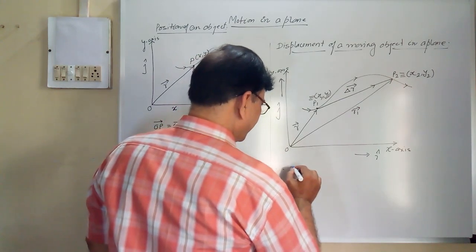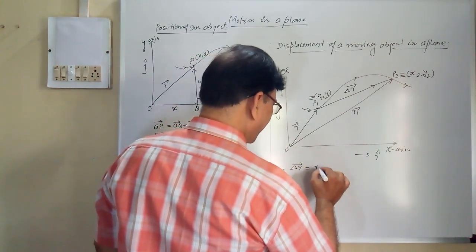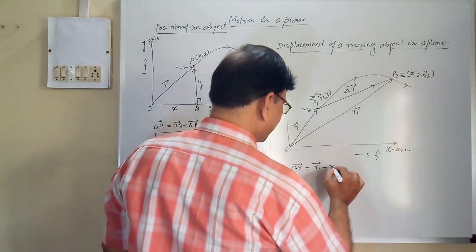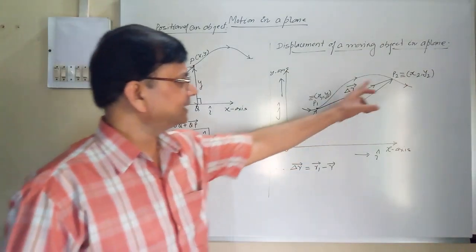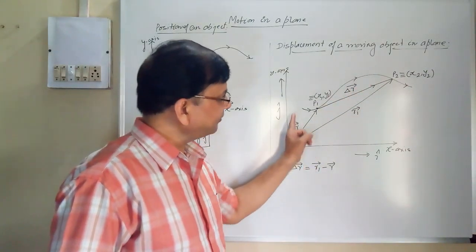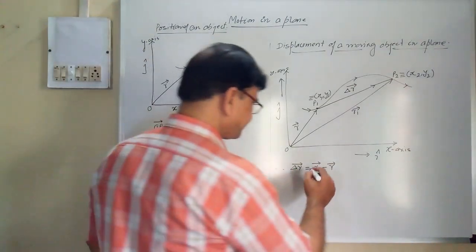Therefore, delta r is equal to r1 vector minus r vector. This tells the displacement, and the object is moving in this plane. So displacement is clear.